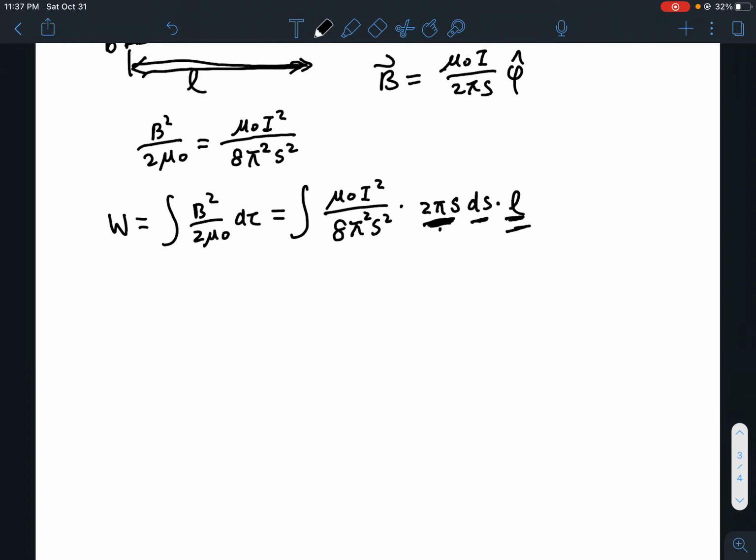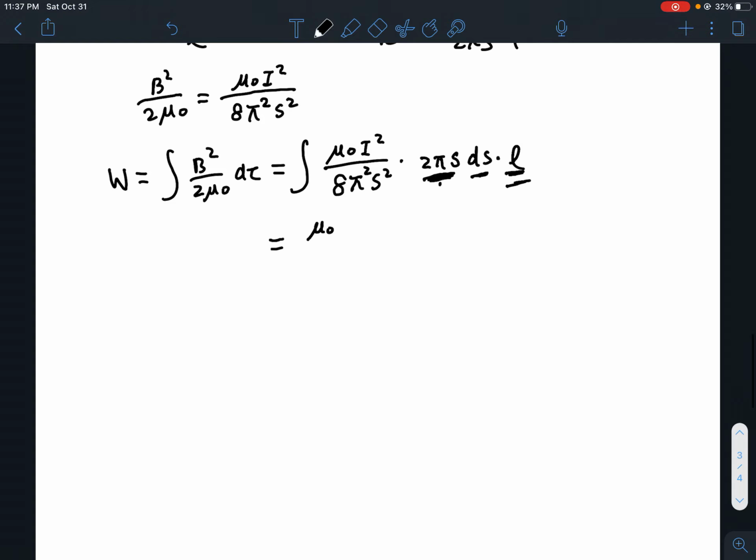So if you add together and do the integral, we really have mu 0 I squared L divided by 4 pi times log of b divided by a.